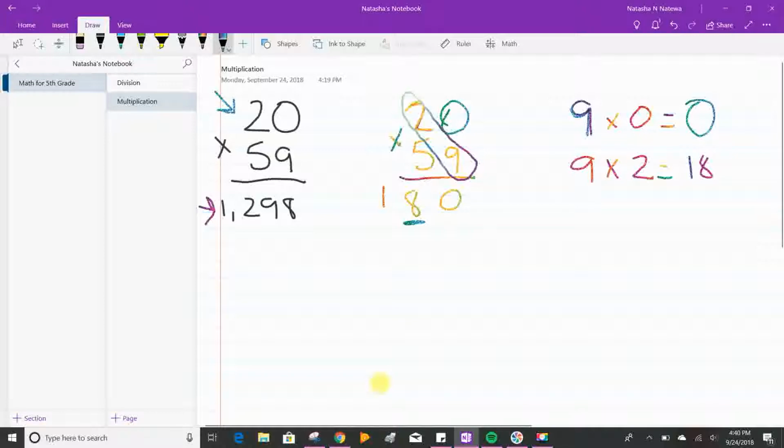We're going to multiply the tens now, so we're going to put a 0 at the bottom. 5 times 0 is 0. 5 times 2, because I'm multiplying this here now, 10.